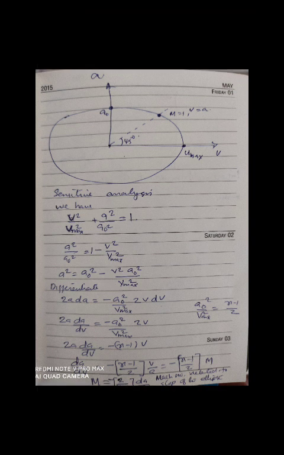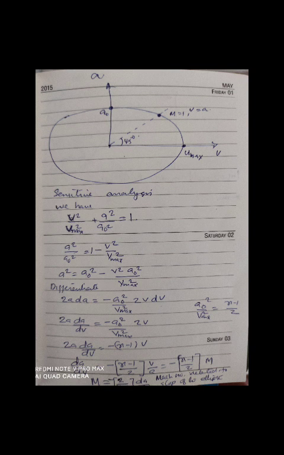And we know that the ratio of a0 square by V max square is equal to gamma minus 1 by 2. So substituting gamma minus 1 by 2 here, we get 2A into dA by dV is equal to minus gamma minus 1 into V. So dA by dV is equal to minus gamma minus 1 by 2 into V by A, or minus gamma minus 1 by 2 into M, since V by A is equal to M. So M is equal to minus 2 by gamma minus 1 into dA by dV.